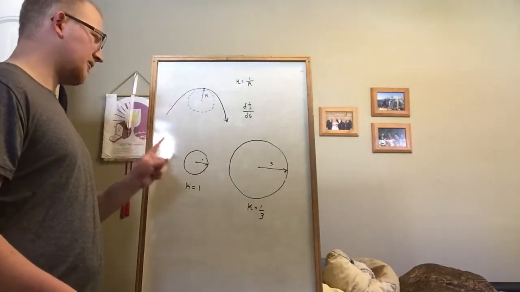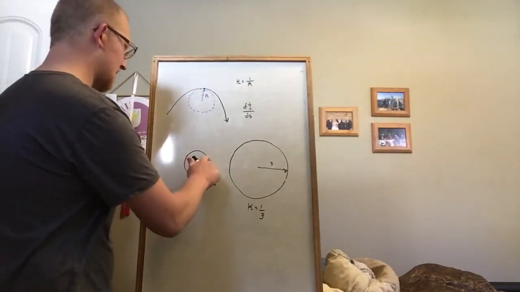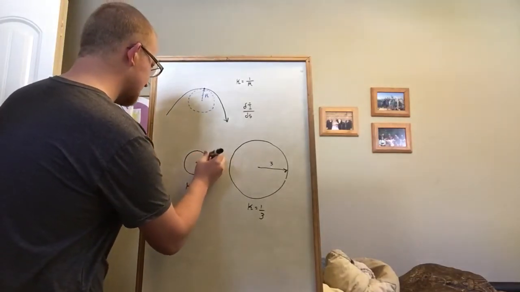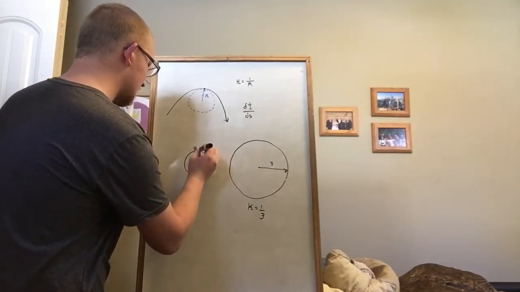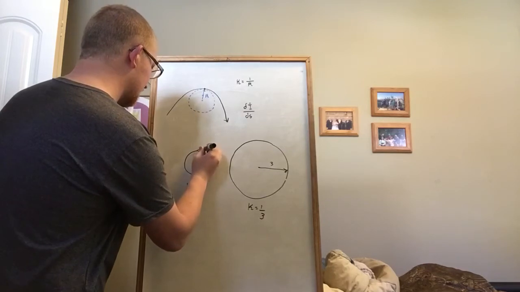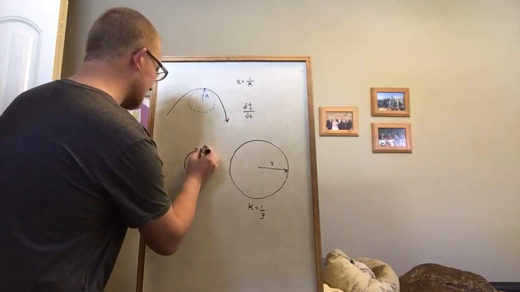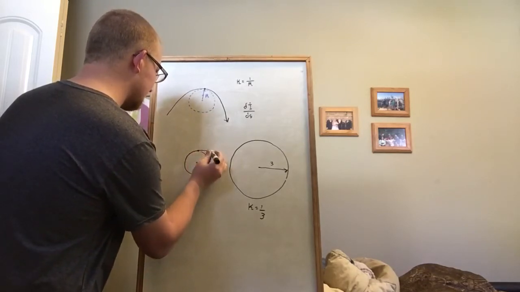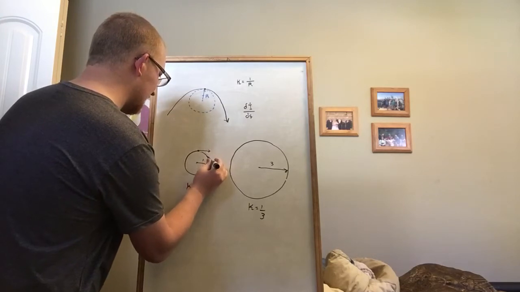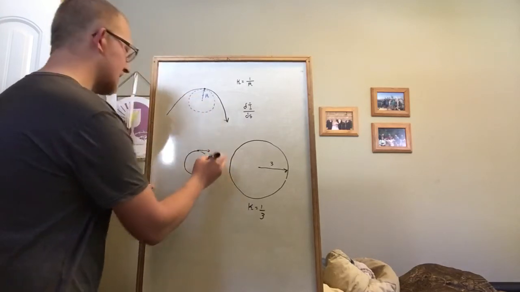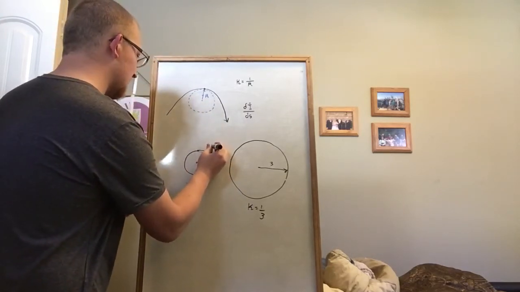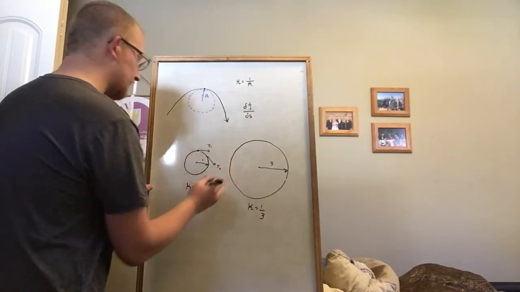But if you think about it, let's look at the change of two tangent vectors along a given length. I'm going to draw this a little bit bigger. Here's one of our tangent vectors, and here's another, and I'll call these T1 and T2.